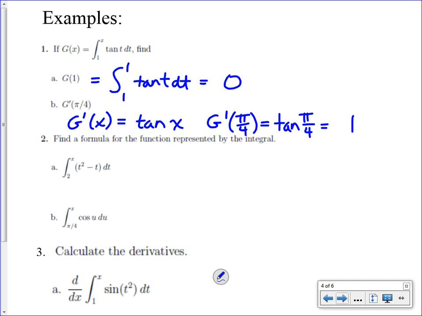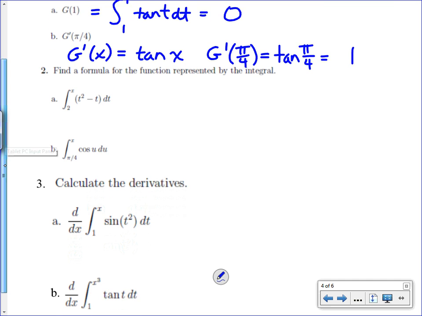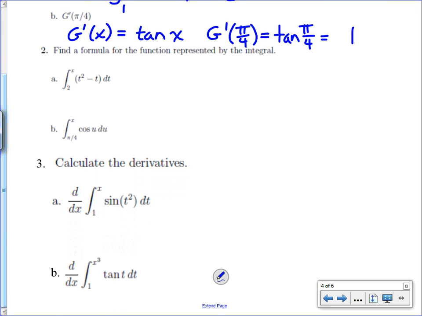Okay, in number 2, we're going to find a formula for the function represented by the integral. So we're actually using f of b minus f of a for this. It's just our upper limit is x, okay? But we're going to approach it the same way. We're going to find the antiderivative from 2 to x.